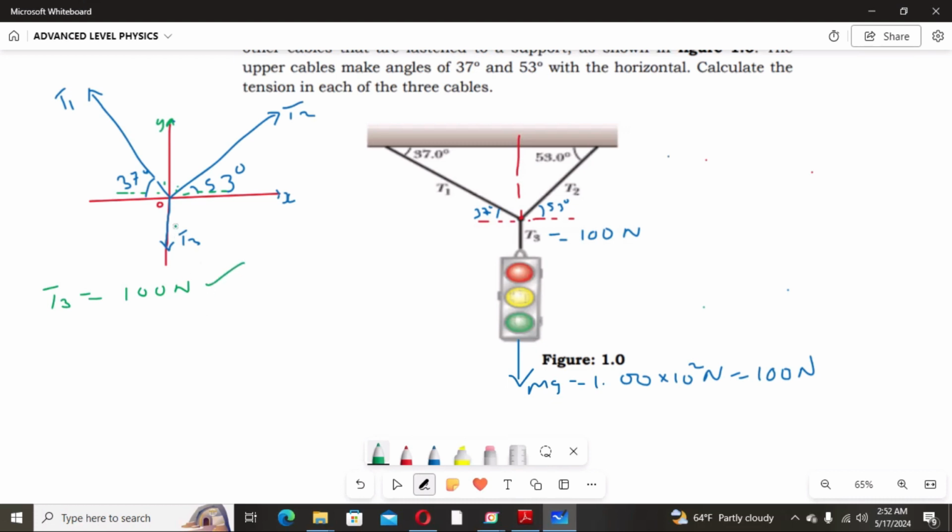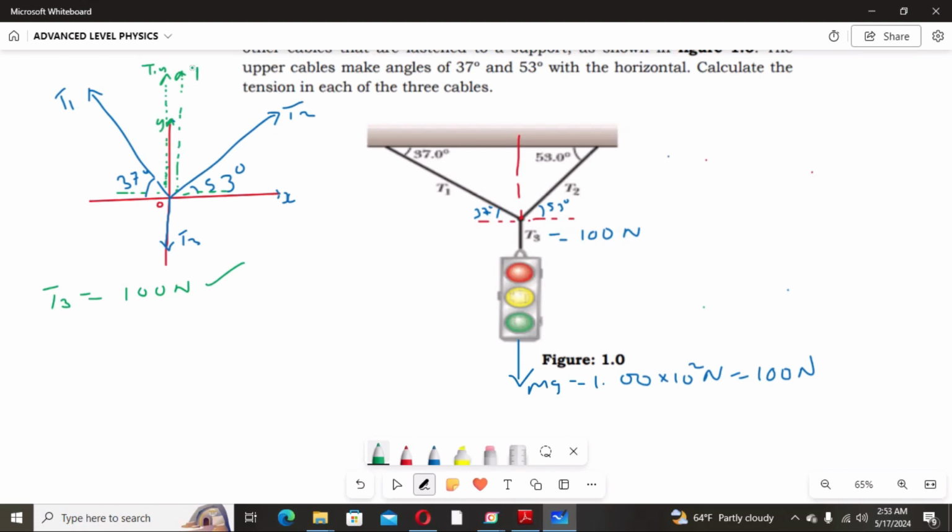Now solving for T1, we know that T1 has a vertical component in this direction. So we can label this component here as T1y. T2 also has a component in the vertical direction, like that.